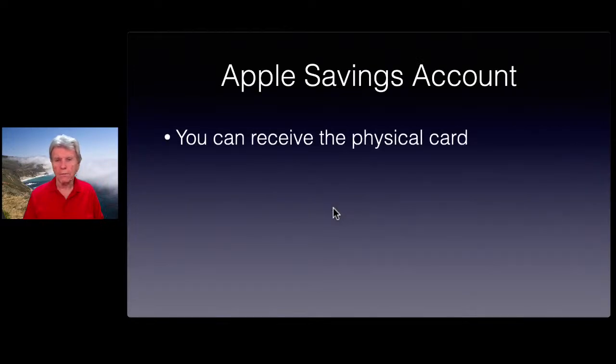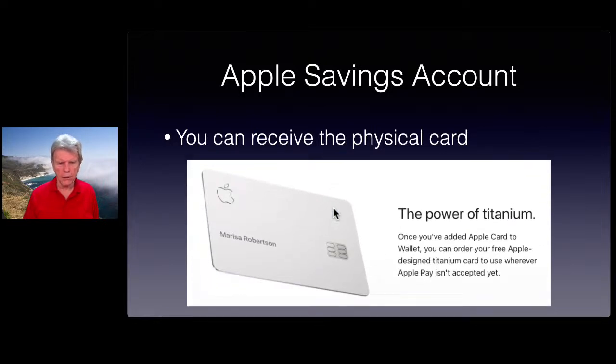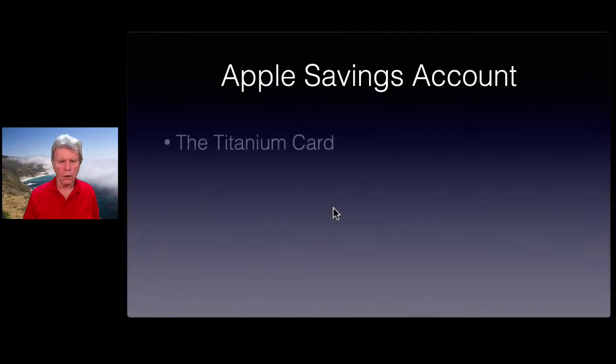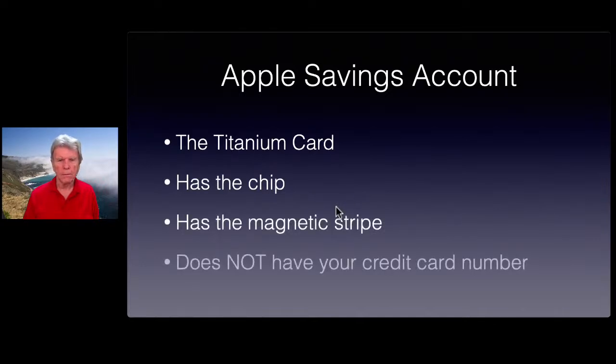You can also receive a physical credit card. It looks like this. It's a MasterCard. It's called the titanium card because it's made out of titanium. Makes a lot of noise when you drop it. It has a chip. It has a mag stripe, but it does not have your credit card number.